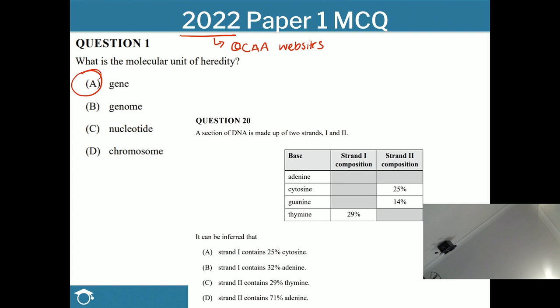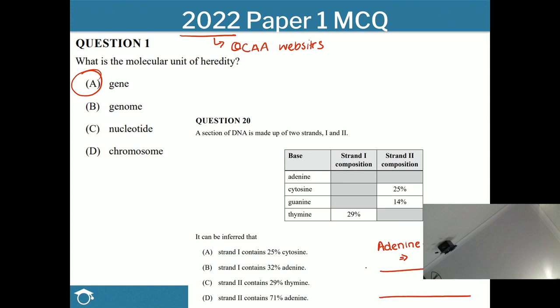Question 20, the section of DNA is made up of two strands, 1 and 2. Now, if adenine will bind to thymine, you would expect equal amounts of adenine and thymine on opposite strands of the DNA.